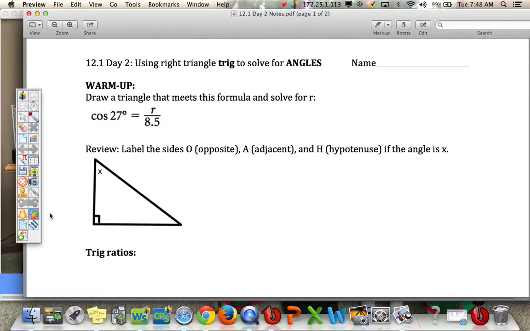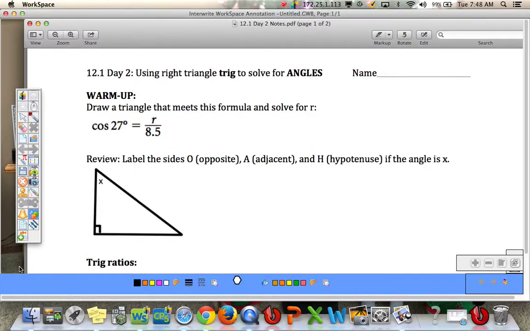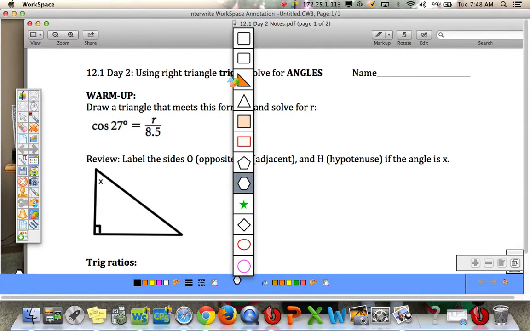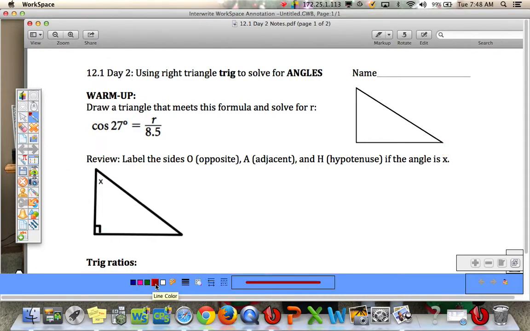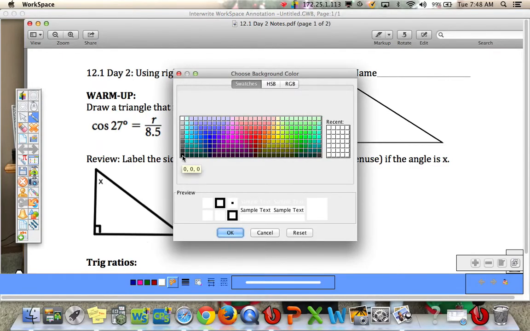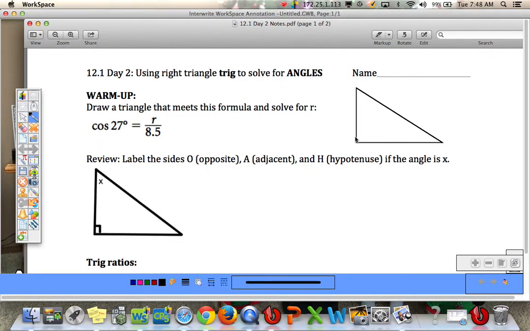So we know it's a right triangle, and so we'll start by drawing one of those. Right triangle. Okay, so here's my right triangle. Let's put in our 90-degree angle. Cosine of 27, so I'm going to put 27 at one of these angles.